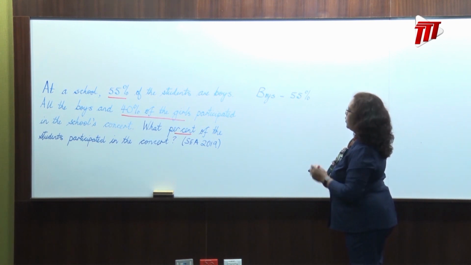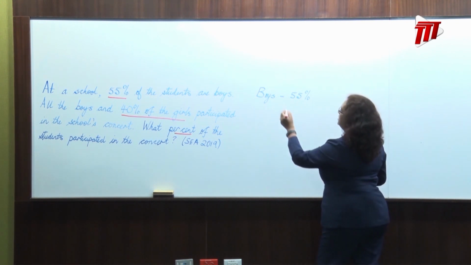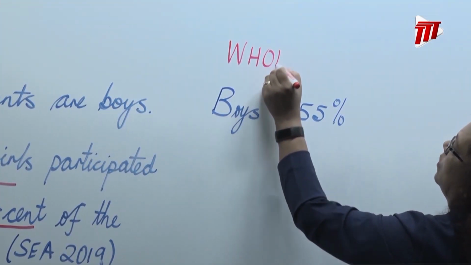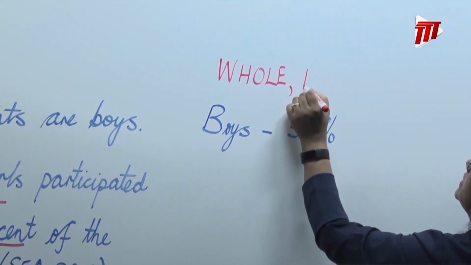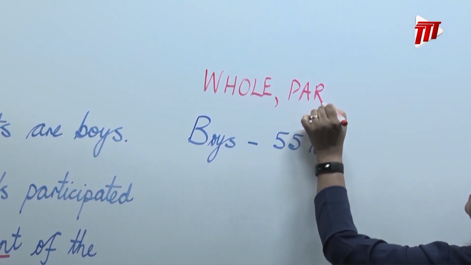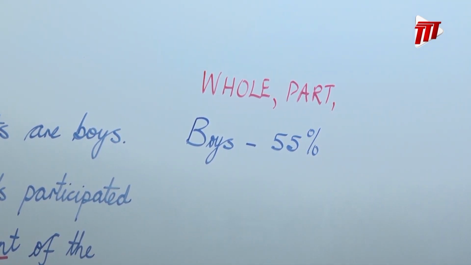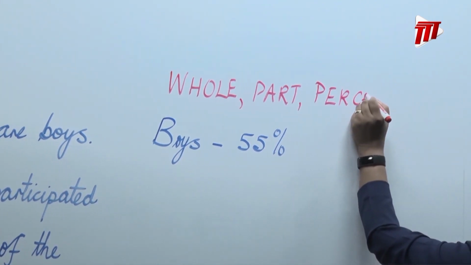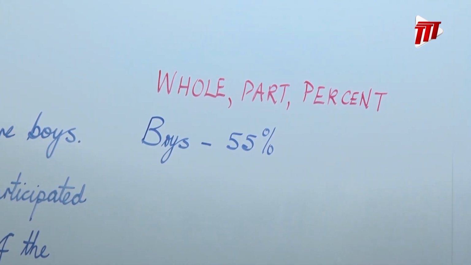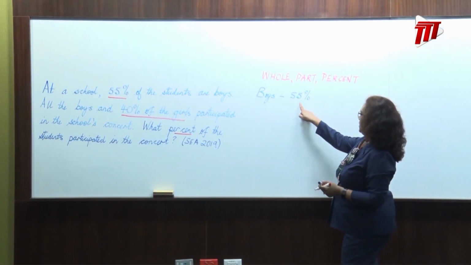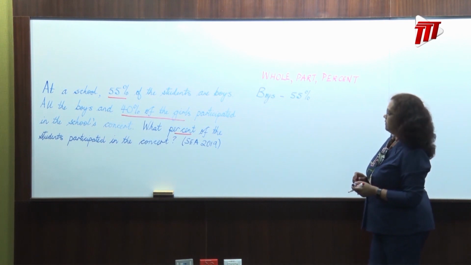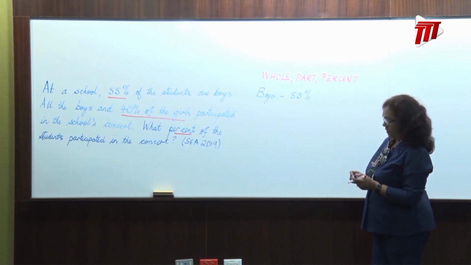So again, boys and girls, we need to recognize what is the whole and what is part, and then we may find the percent. So right away, if we are told that 55% of the students are boys, we can find out what percent of the students are girls.